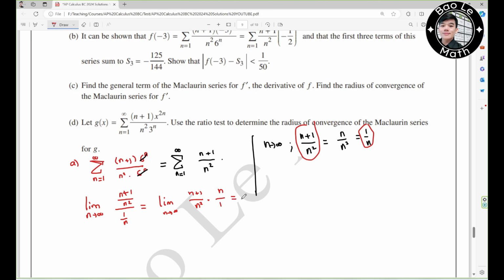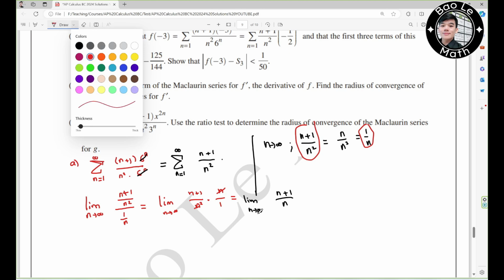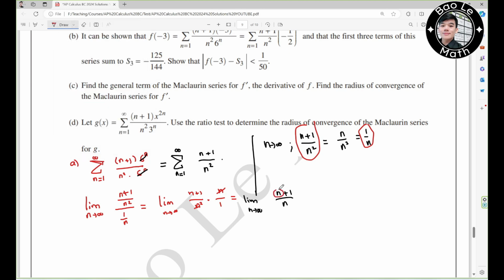Alright, so it turns out to be the limit n approaches infinity of n plus 1 over n. Now when n approaches infinity, 1 is much less than n, so you just ignore 1, so it's going to be n over n, so it's going to be 1, greater than 0.